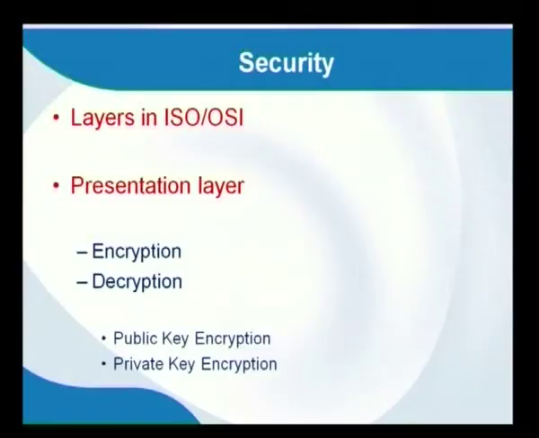Now we have many kinds of algorithms to provide encryption as well as decryption. Many methods are also used. Two very famous methods or mechanisms are public key encryption and private key encryption. In the public key encryption, both the sender and user can use the same key. In private key encryption, using the private key, the source will encrypt his own data, and that encrypted data is transmitted over any medium.